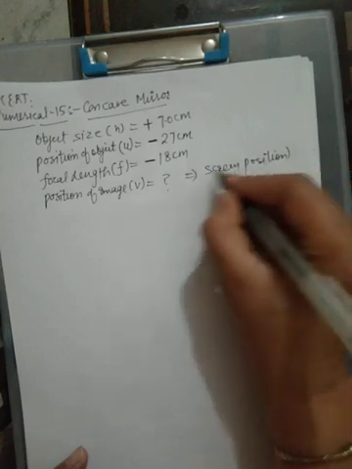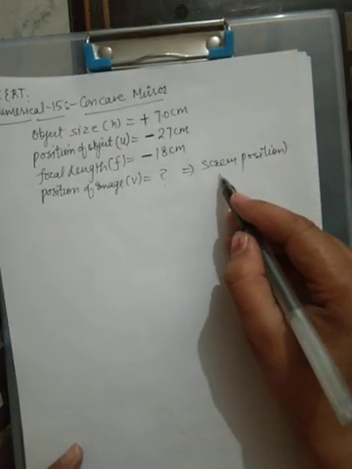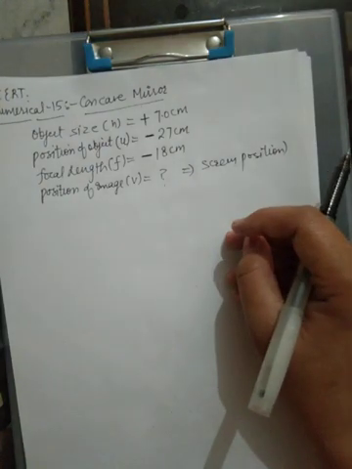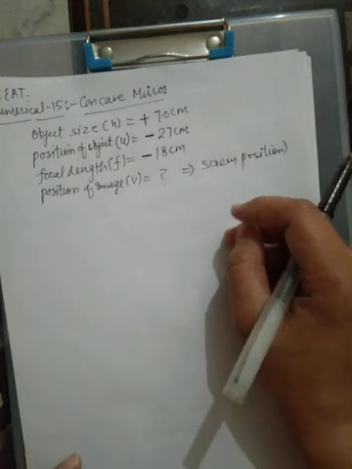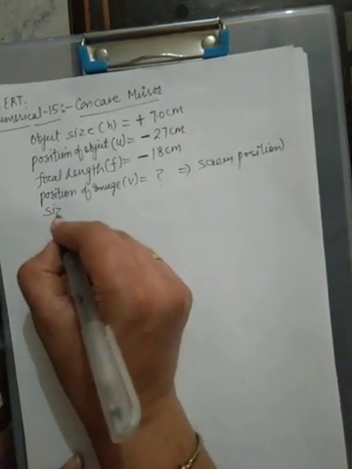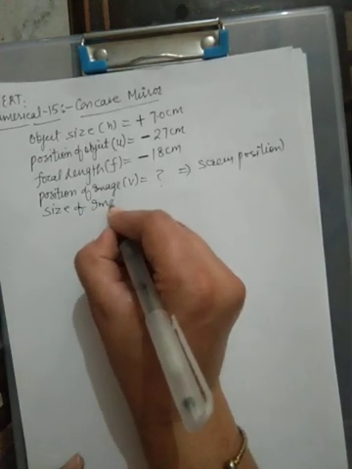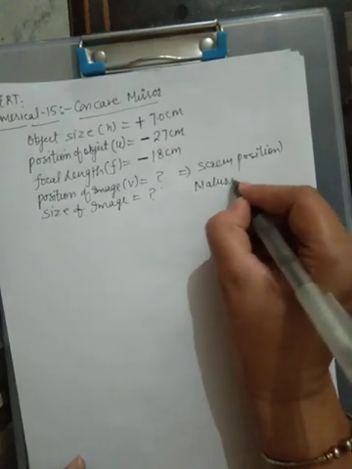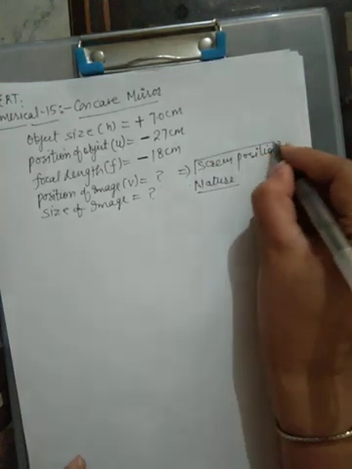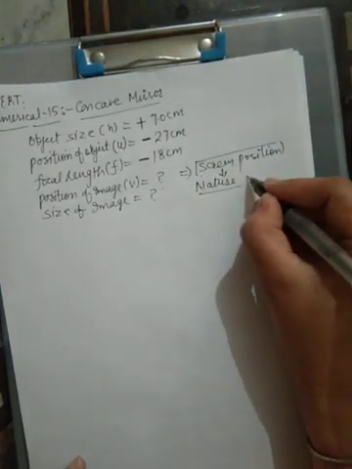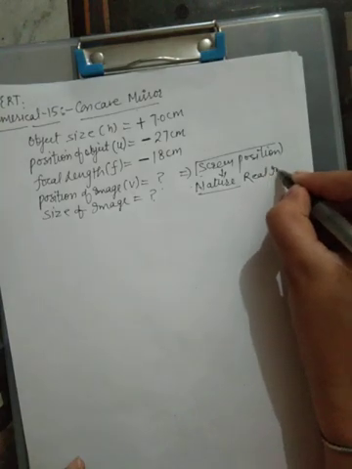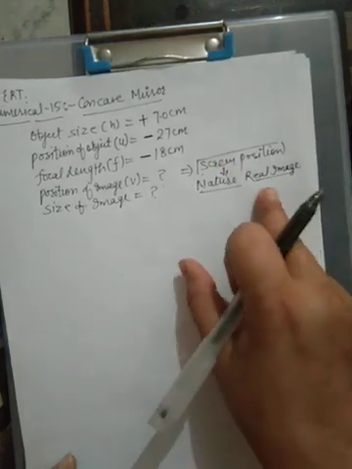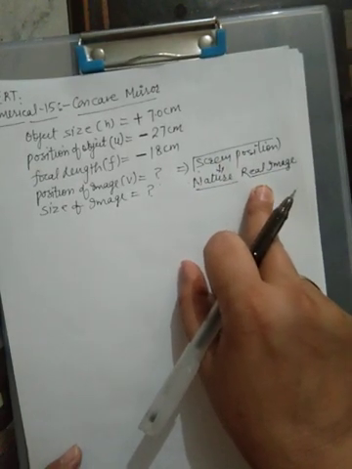The image will be formed on screen only when image is real, because real image can be obtained on the screen. Find the size and nature of image. Size of image as well as nature of image is to be found out. Nature is given to us indirectly, because screen is used only for which nature? Real image. So nature of image is real. Okay, let's do the solution.